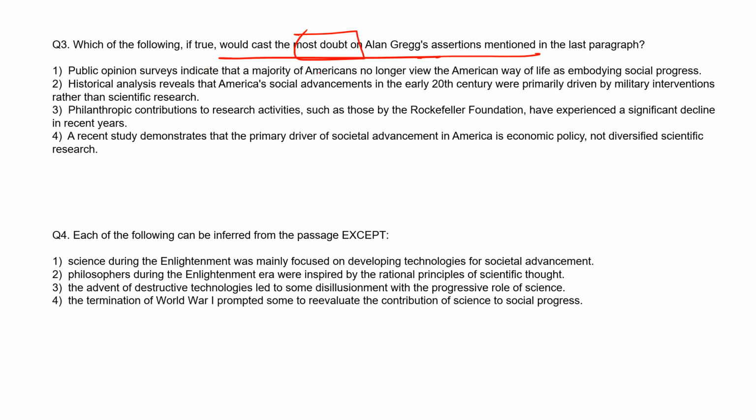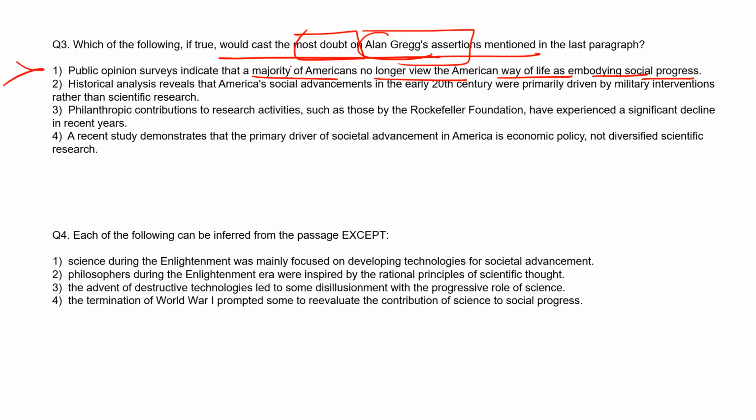Public opinion surveys indicate that the majority of Americans no longer view the American way of life as embodying social progress. Whether Americans view the American way of life as embodying social progress or not is irrelevant here. This doesn't cast any doubt on Gregg's assertions, because Gregg's assertions are that if you want to progress, you should use scientific research.